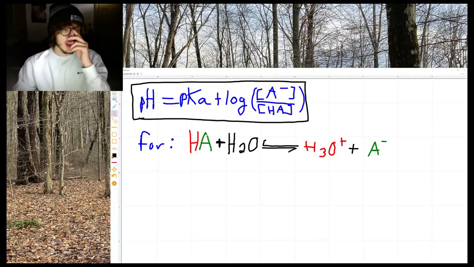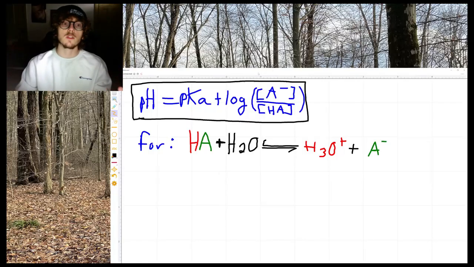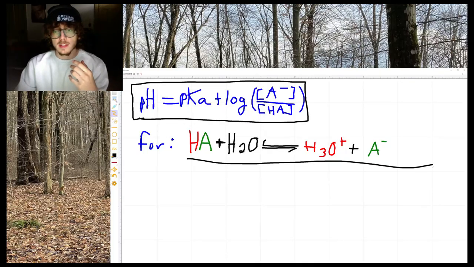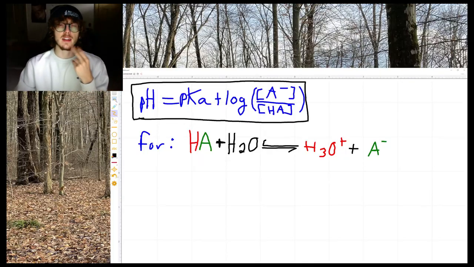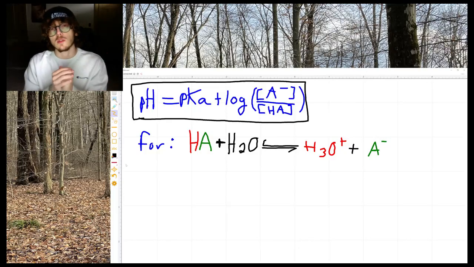This one, the Henderson-Hasselbalch, is for a monoprotic acid system. If you had a diprotic or polyprotic system, where you have more than one acidic hydrogen, this wouldn't change. You would just have 3 Henderson-Hasselbalch equations that you would have to take into consideration.